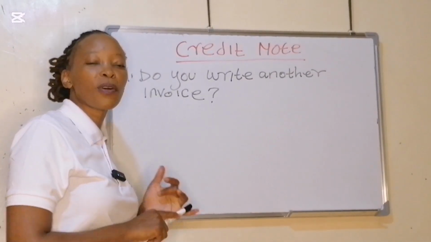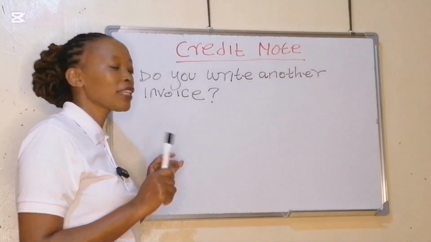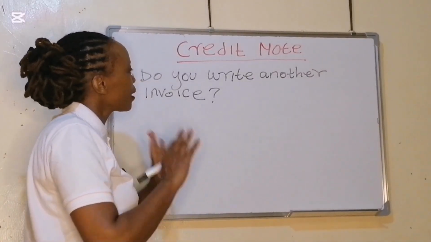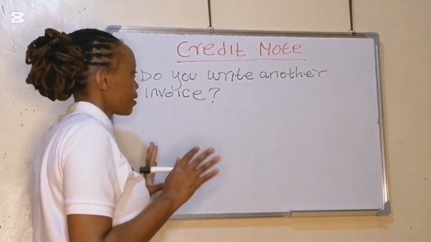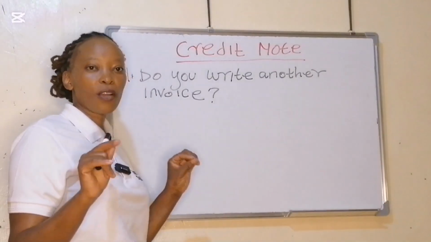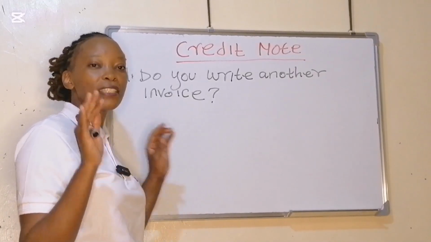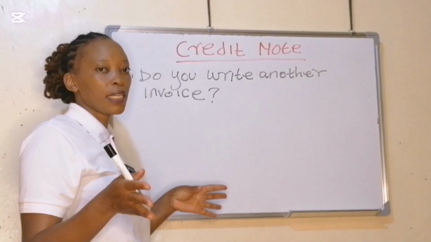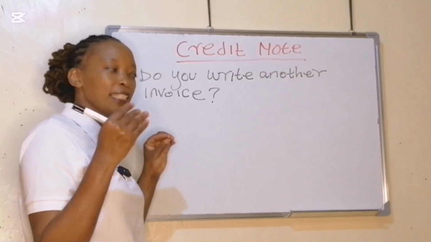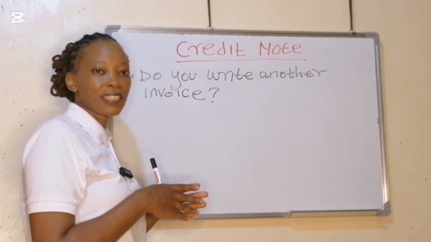You have sold goods worth 10,000 and issued a tax invoice of 10,000 to the customer. Then the customer complains that some of the goods were damaged and returns goods worth 5,000.